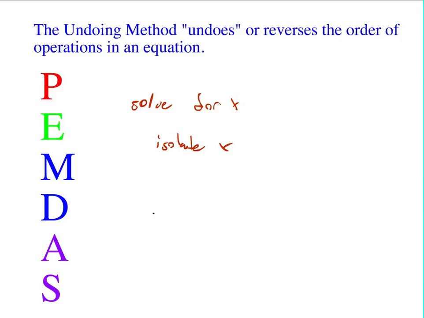Now, for the order of operations, we have to remember to use PEMDAS. PEMDAS is an acronym for the order of operations that is going to help guide us through using the undoing method. So let's go through each of these and remind ourselves what they mean. P stands for parentheses.